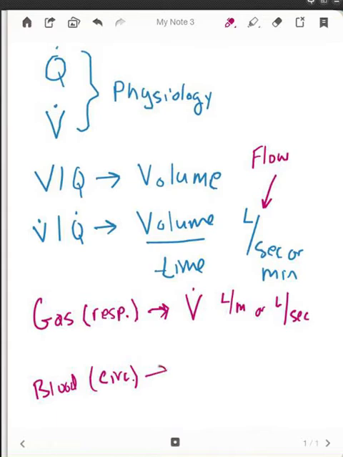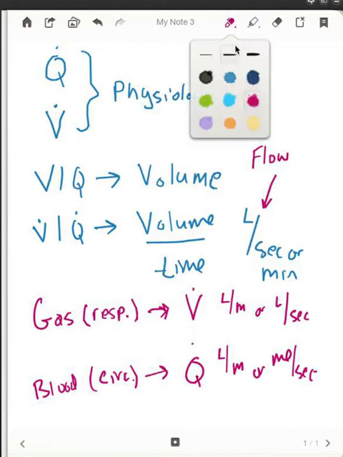Blood flow is Q dot, and it's the same measurement, liters per minute or sometimes liters per second or milliliters per second, as the case may be, depending on where the flow is.